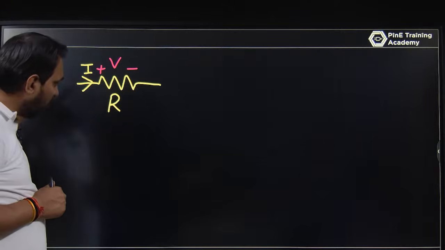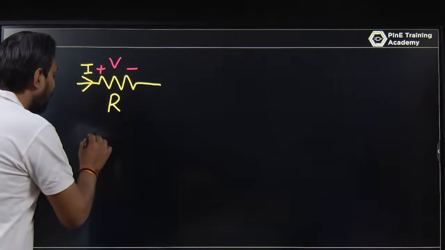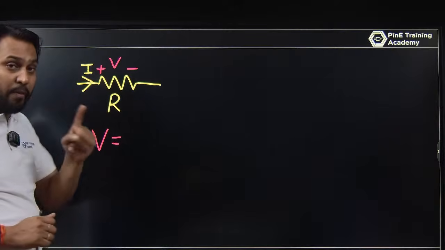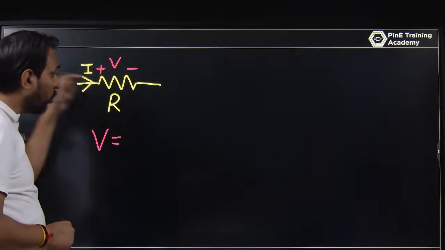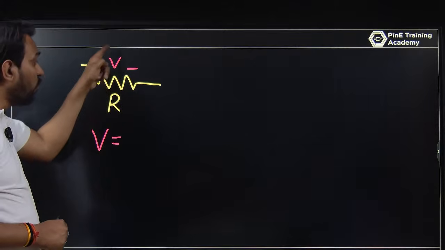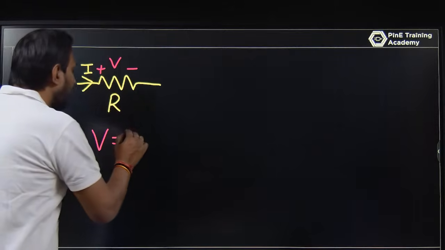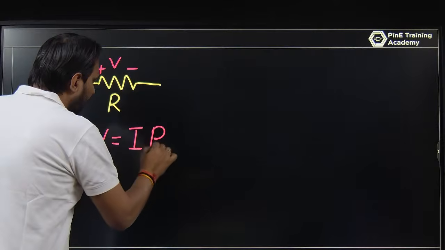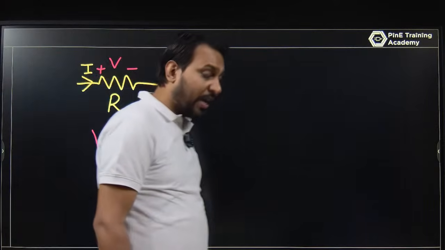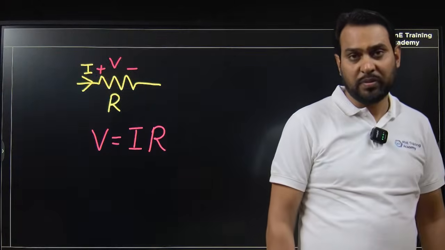Please remember, the current through the resistance relates to the voltage across this resistance as V is equal to IR. That represents your Ohm's law.